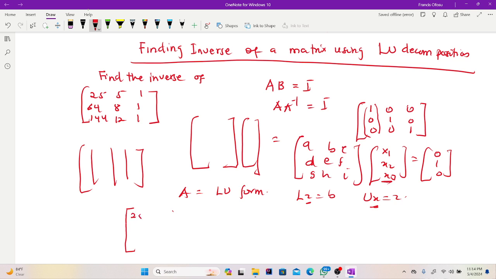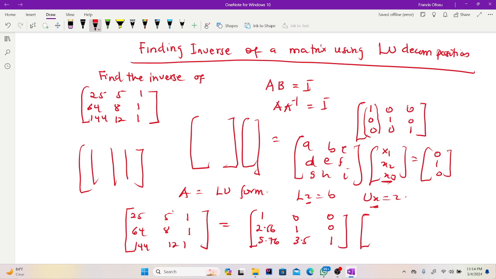So I have 25, 5, 1, 64, 8, 1, then I have 144, 12, 1. So this is now my matrix, and the LU form I'm giving to you as 1, 0, 0, 2.56, 1, 0, 5.76, 3.5, 1.